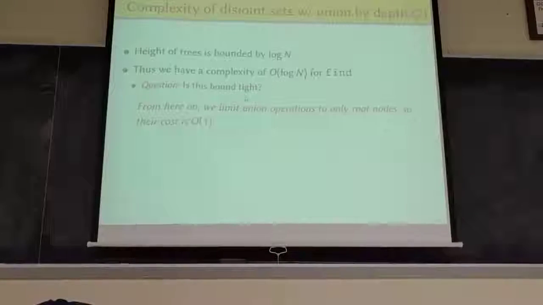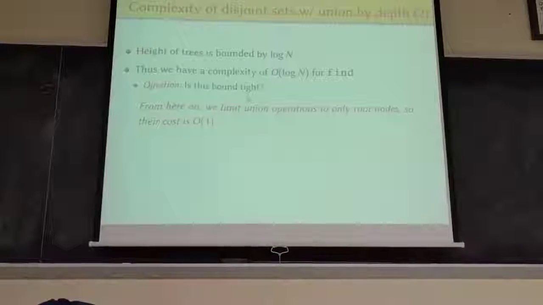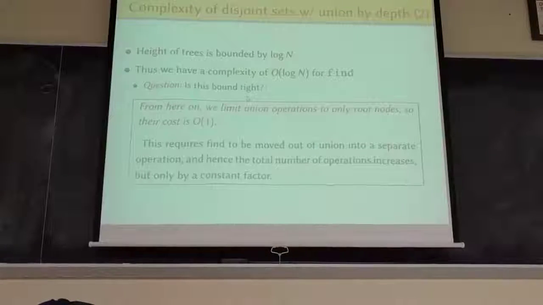Okay, so now you build something that's more balanced, and that way you are able to ensure that it only takes at most log n time to do the find. So if you have O of n operations, then how long does it take? It takes at most O of n log n, because your finds have now been brought down from O of n to O of log n. Okay, so this is one way to do this.